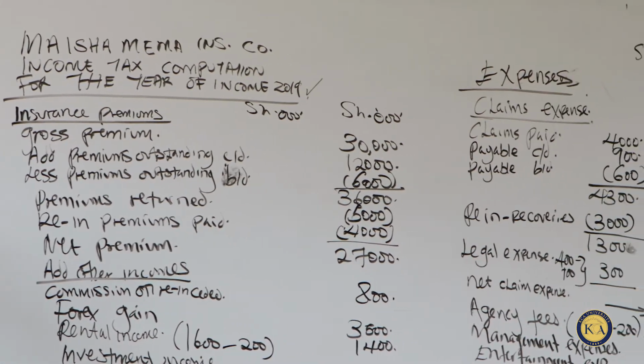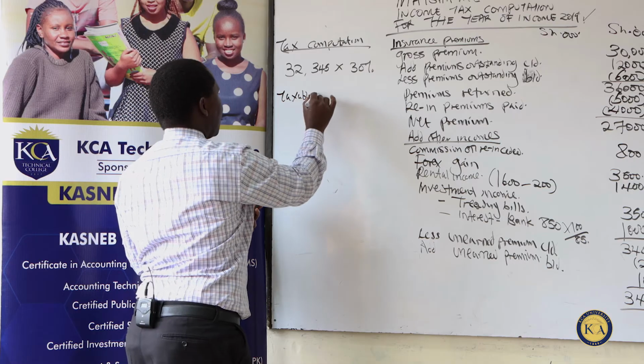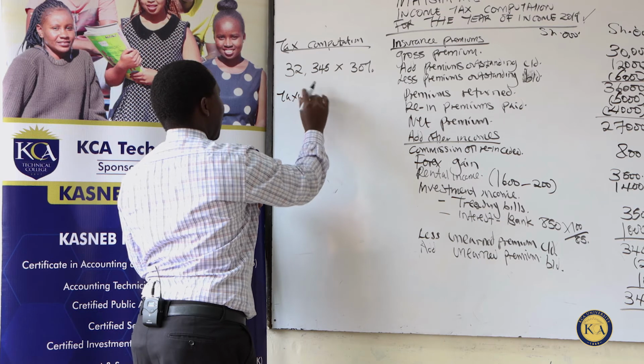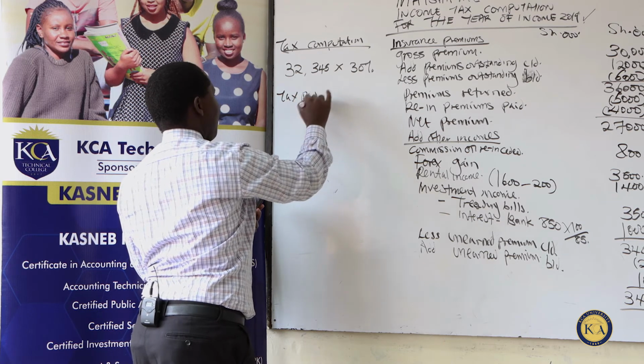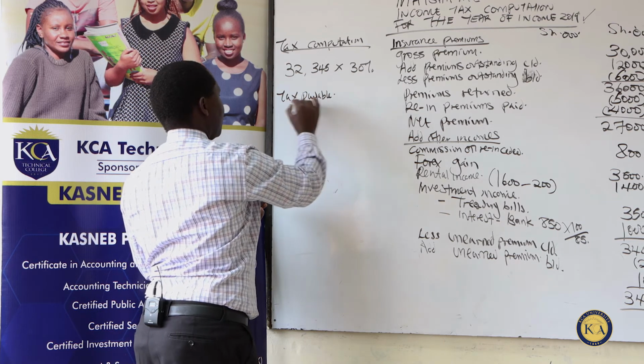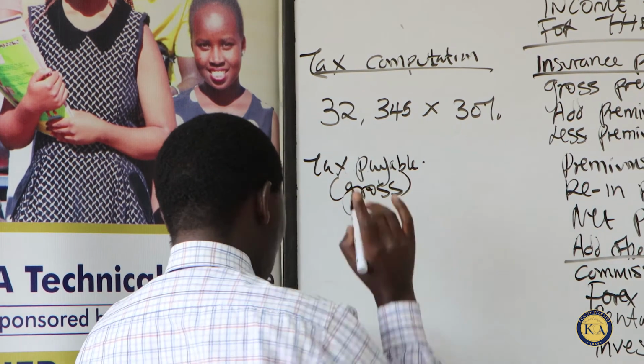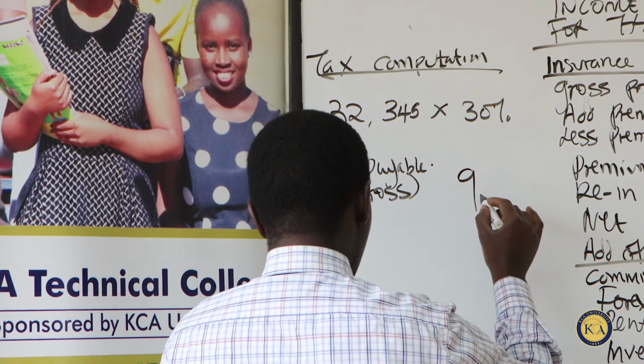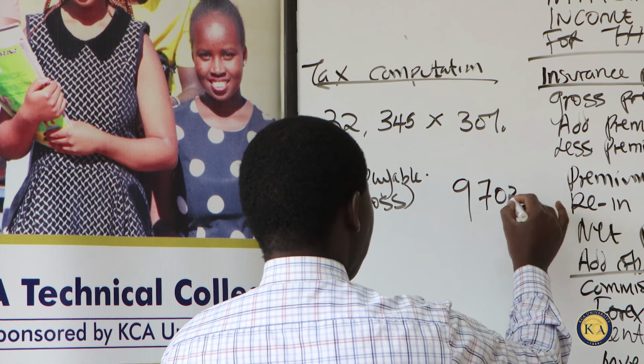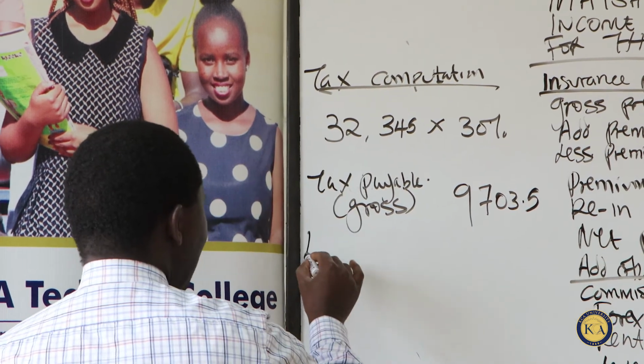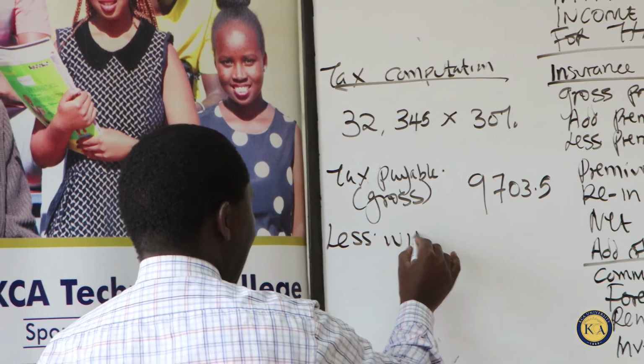And this will give me my tax payable. Now this, let me call it gross, because there's something else that I'm going to do, of 9703.5. Now I'm going to deduct withholding tax.